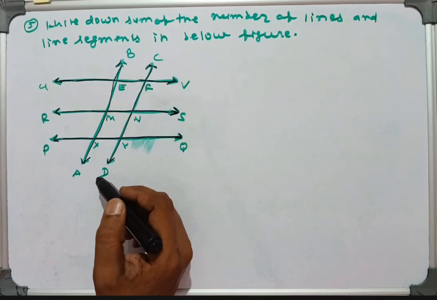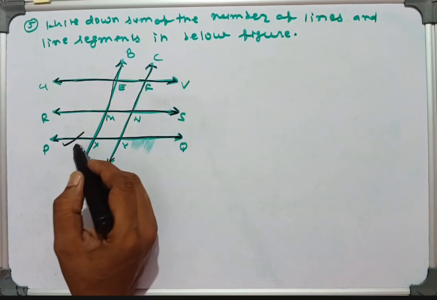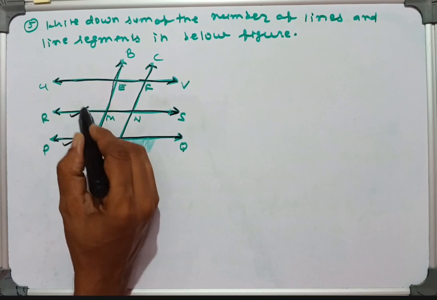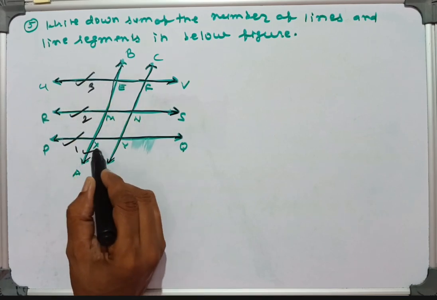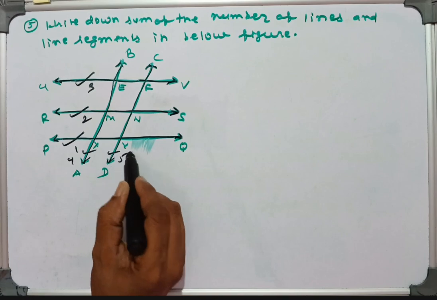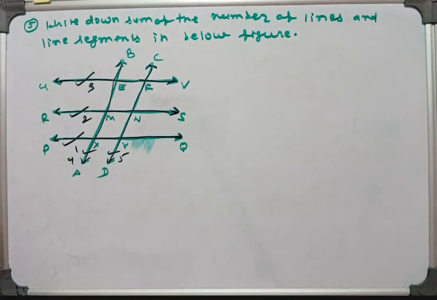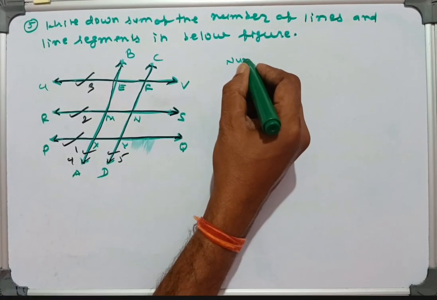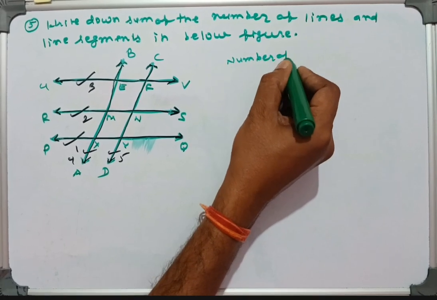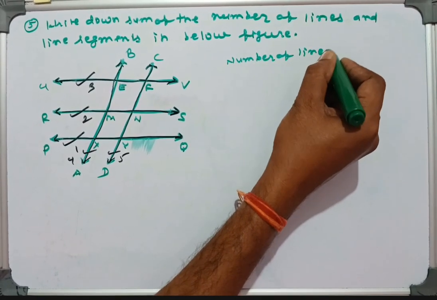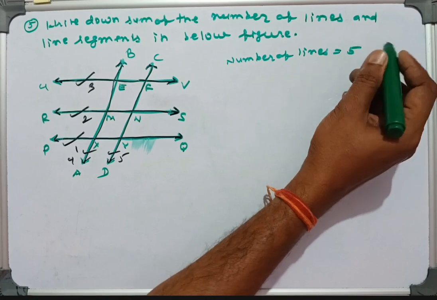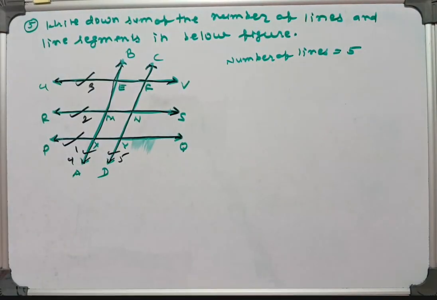So the total number of lines here: first one, second, third, fourth, then fifth. So the answer: number of lines equal to 5.